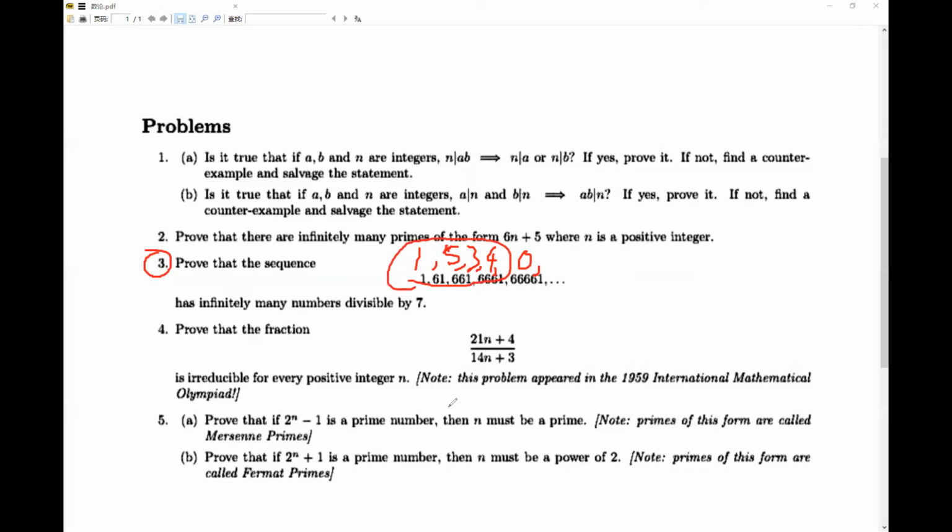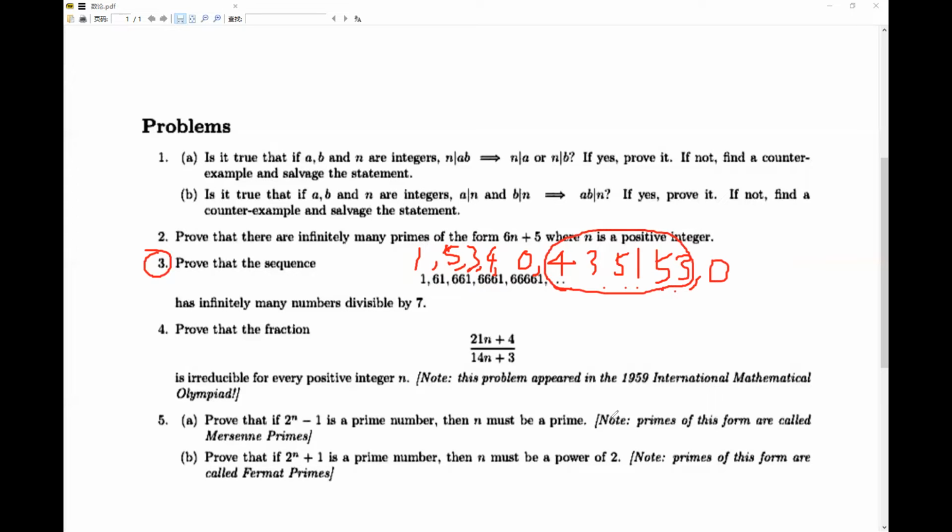I think it's opposite. It goes 4, 3, 5, 1. But after the 1, it's not 0. It goes 1, 5, 3, 4, 0. Then go back to 1, 5, 3. Yes, this is correct. Now we repeat this part again and again.